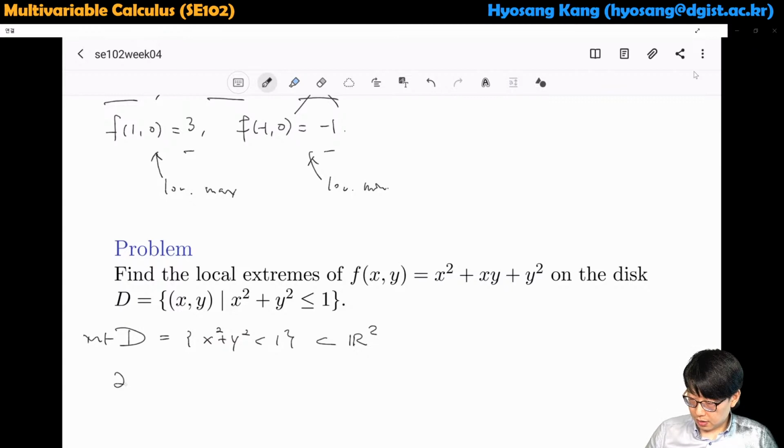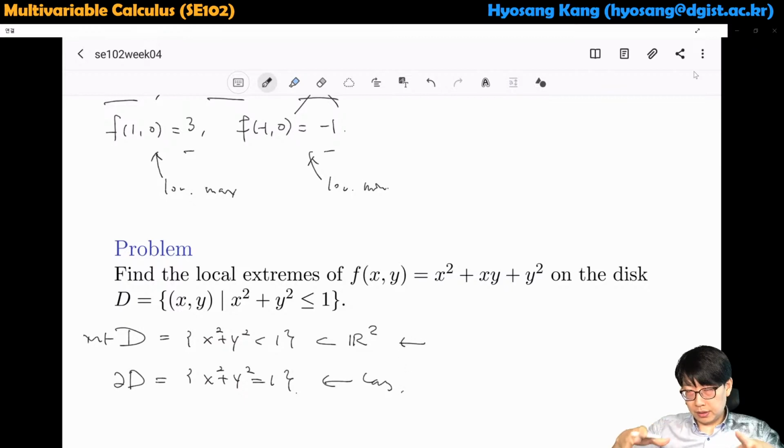And another area, which is the boundary of the disk, which is x squared plus y squared equals 1. So on the boundary, I can use a Lagrange multiplier. Inside of the disk, I need to use the Hessian, assuming that this disk is a subset of R2, and search for local extrema on R2 and just pick out the points inside of the disk.